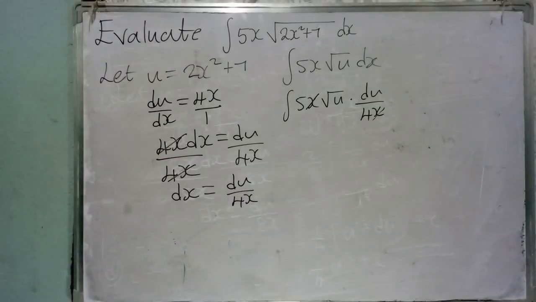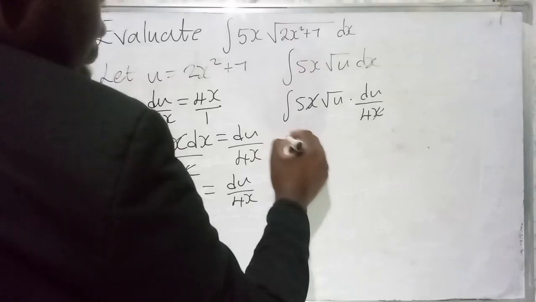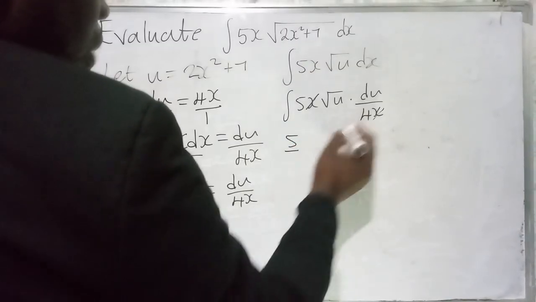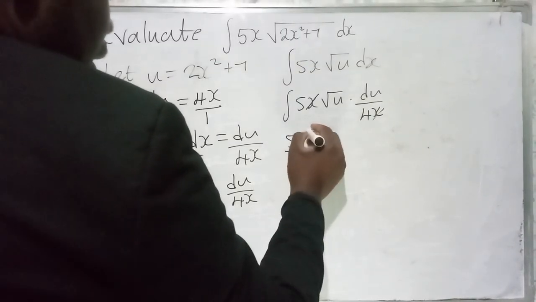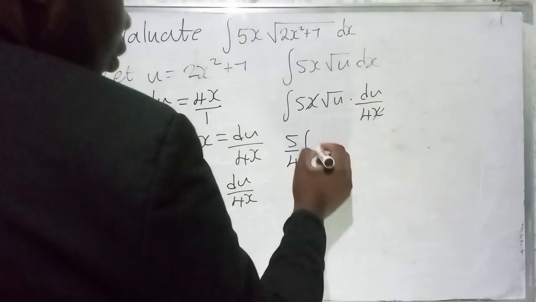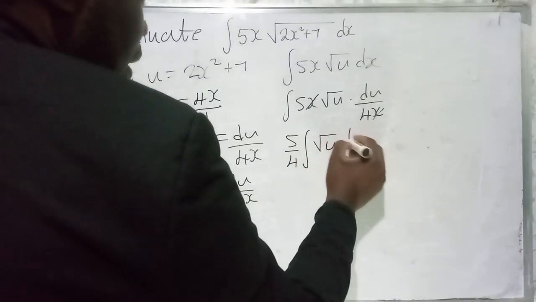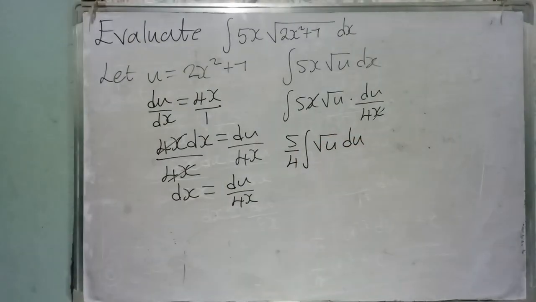The next step is to write the constants outside the integral. So we have 5 over 4, then the integral of the square root of u du.